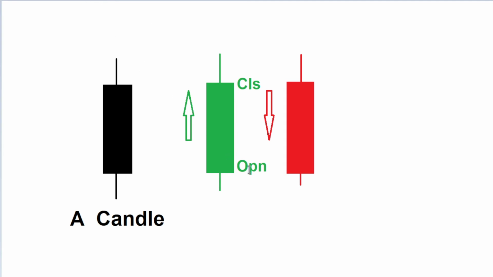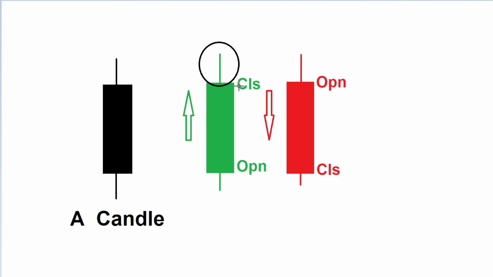That tells you that at the end of the period of measurement, whether it was a minute or 5 minutes, whatever the period was, the closing price ended up higher than the opening price. With a red candle, it opened at a certain level and the close was at a lower level for that period.